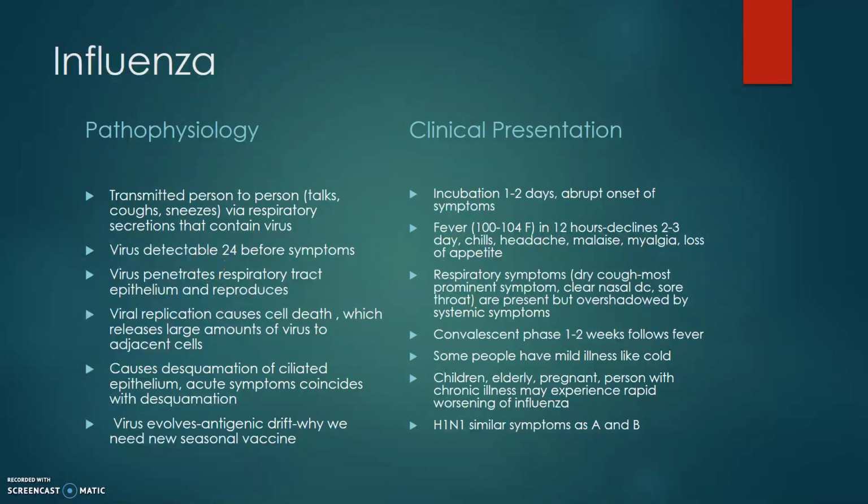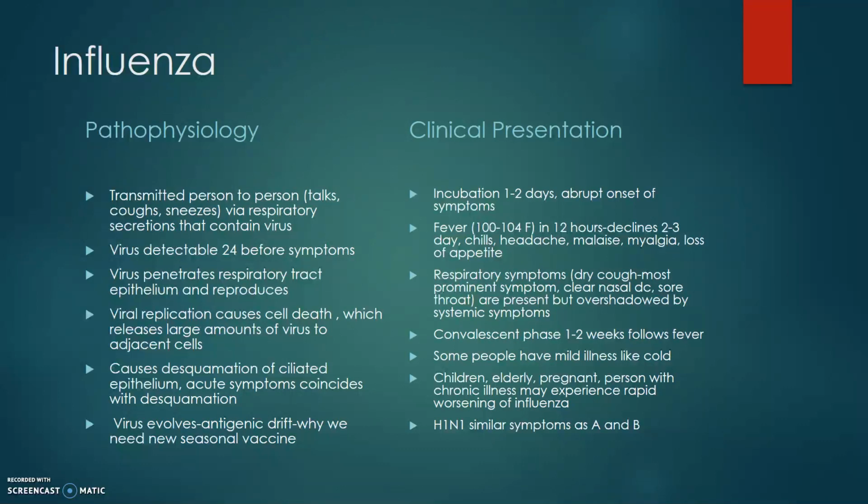This viral replication causes cell death, which releases a large amount of the virus to adjacent cells. And at that time, that creates desquamation of the ciliated epithelium, and acute symptoms will often coincide when this desquamation happens.